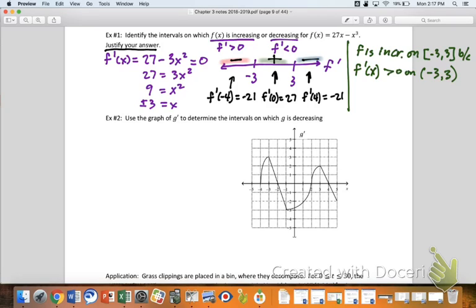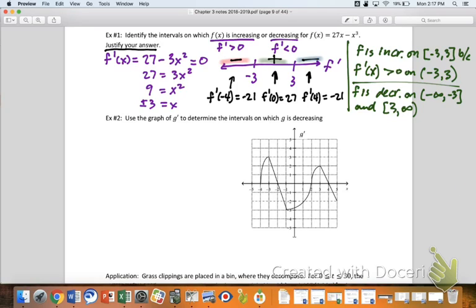Okay? And then the other piece here did ask for where f is decreasing. So I would say f is decreasing, DECR for decreasing. Well, gosh, it's 2 intervals, isn't it? So it would be -infinity to -3 and 3 to positive infinity.